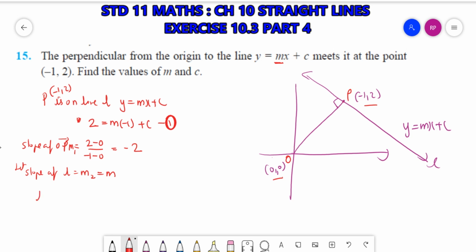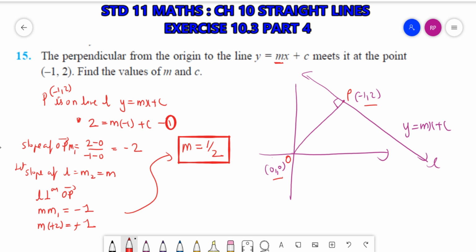Now as L is perpendicular to OP, m into m1 will be equal to minus 1. m into minus 2 will be equal to minus 1, minus minus gets cancelled. So I got the value of m as 1 by 2. Clear? And the second question, you have to find out the value of c also. Now I already have the value of m.